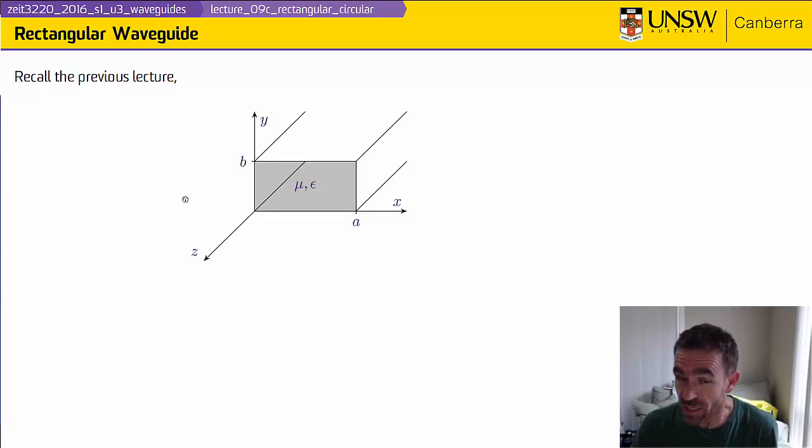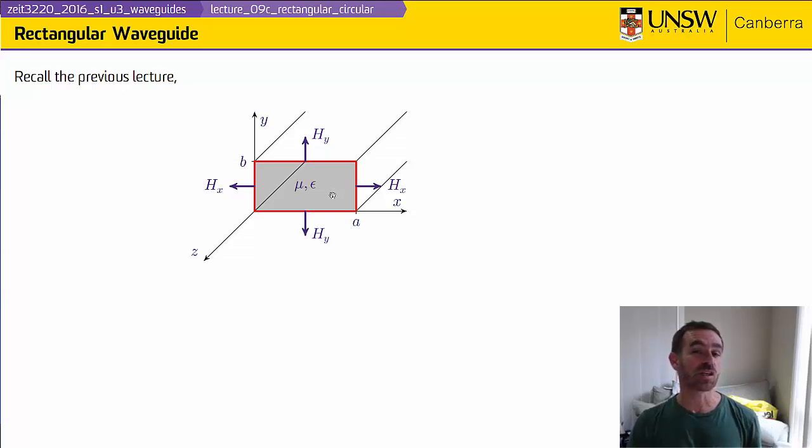We then expand those two functions in terms of the Helmholtz equation, and we apply the boundary conditions on the perfect electrical conducting interfaces of the waveguide walls. The boundary condition that we used was that the normal component of the magnetic field was equal to 0. We could have used that the tangential component of the electric field was equal to 0, but we chose to use the normal component.